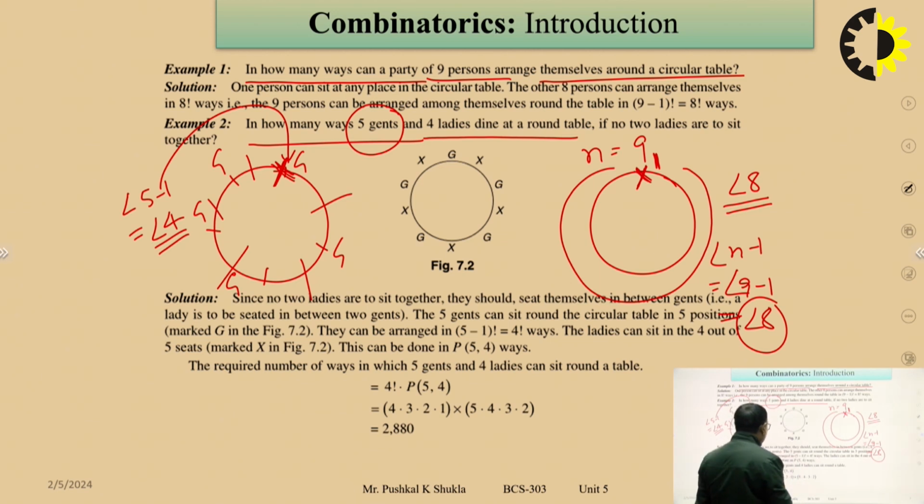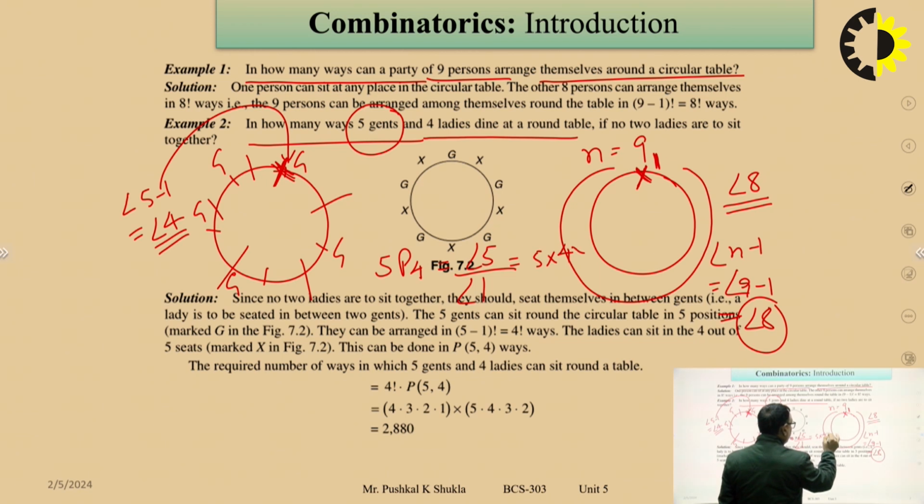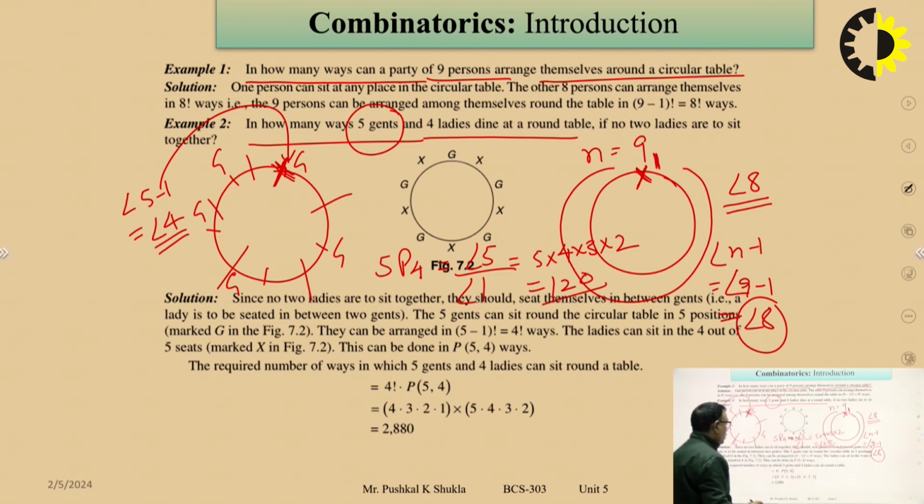So the total number of permutations will be 5P4. 5P4 means factorial 5 divided by factorial 5 minus 4, that is 1. It means 5 into 4 into 3 into 2, that is 120. And the gents can be arranged in factorial 4, which means 4 into 3 into 2 into 1, that is 24.